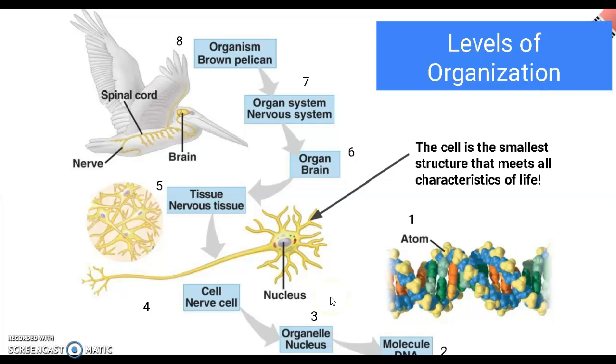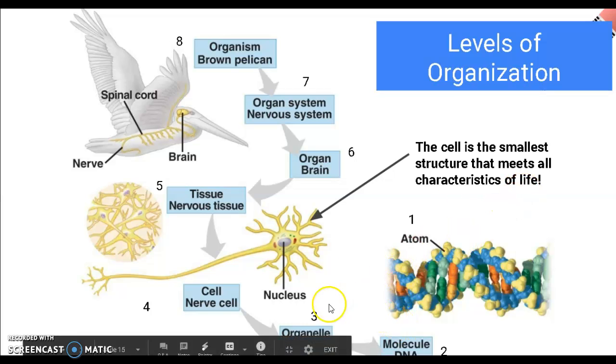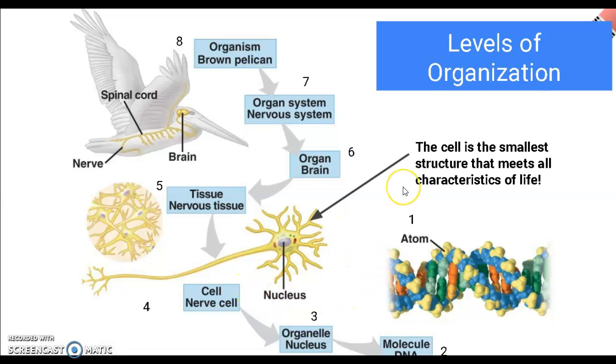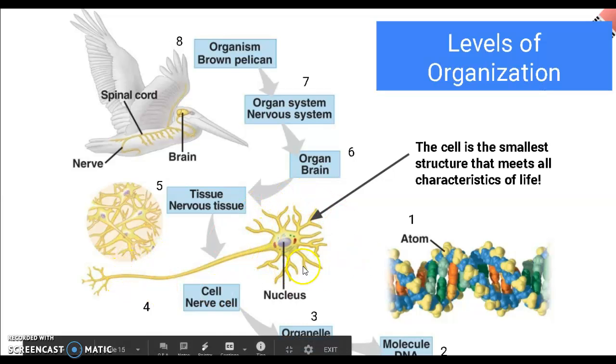This is what I mean by there is a hierarchy of organization. You start small and you get larger and larger and larger. The cell is the smallest structure that meets all of the 7 characteristics of life that we're going to talk about. A single atom can't maintain homeostasis, can't reproduce, but the cell can.